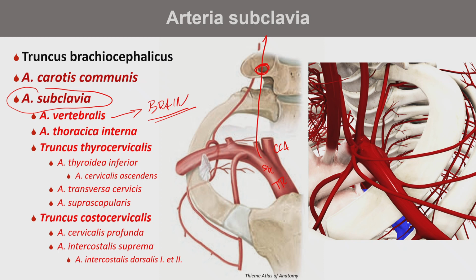This artery has no direct branches in the cervical region. So then we have an artery which is very important, the internal thoracic artery.